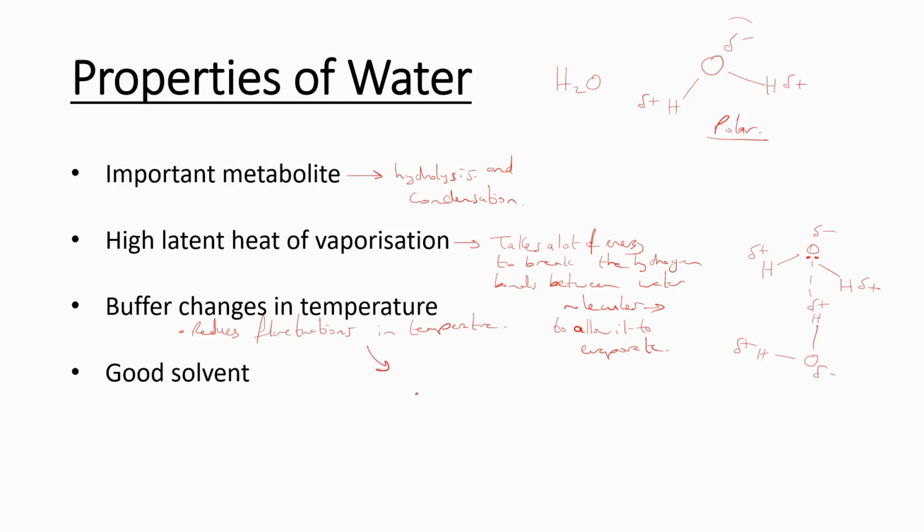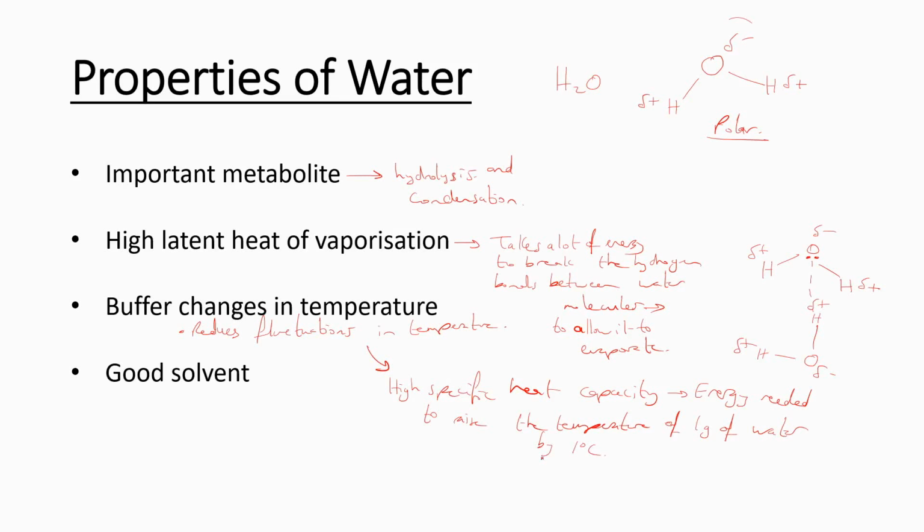The reason it does that is because water has a high specific heat capacity, and this is the energy needed to raise the temperature of 1 gram of water, in this case, by 1 degree.